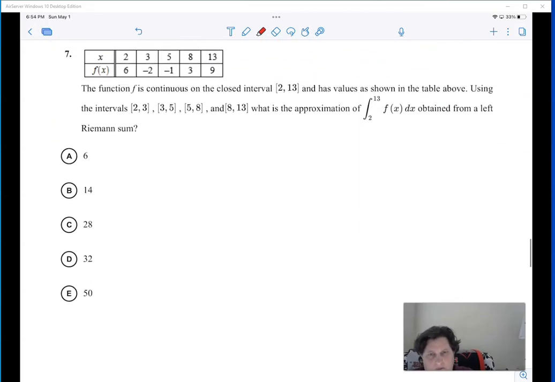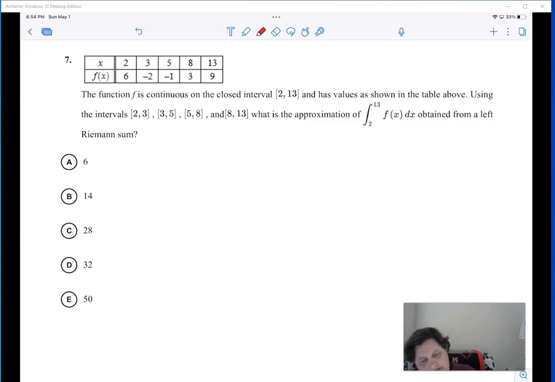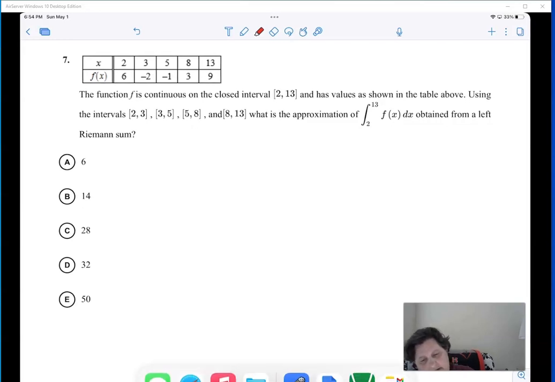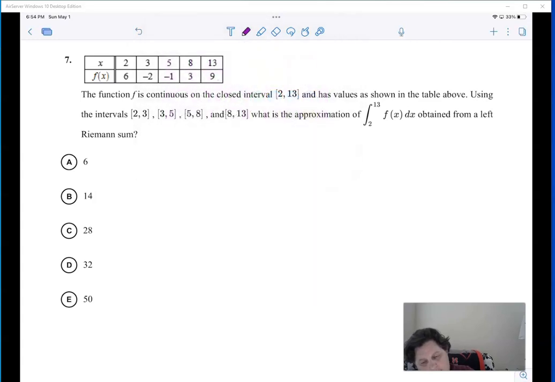Hey, here we go. The function is continuous on a closed interval, with values shown in the table. We're doing intervals, a left approximation. Pretty straightforward question. On the left, the height is the value at the left of that interval.